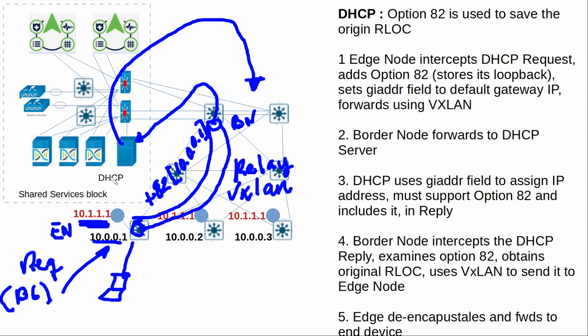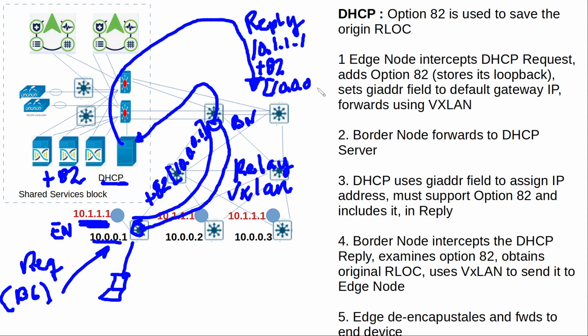But given this DHCP server is compliant with option 82, it is going to send a reply message destined to the default gateway IP address, but it is going to also reflect option 82. And remember that within option 82, we have inside of that option the original RLOC IP address that corresponds to the edge node that originally relayed this request.